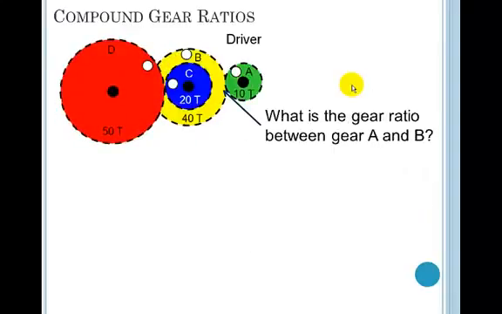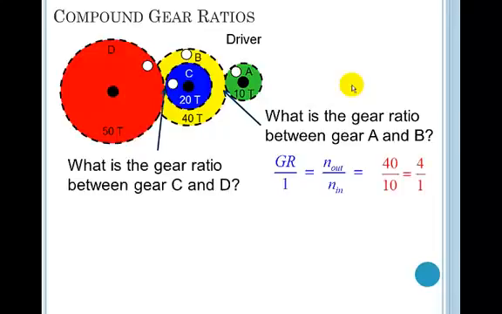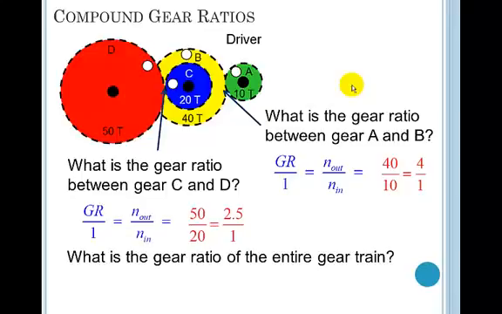So how are we going to do the gear ratio? The gear ratio between A and B is going to be 40 divided by 10, which is 4. The gear ratio between C and D, where D's the output and C's the input, is going to be 2.5, 50 divided by 20.